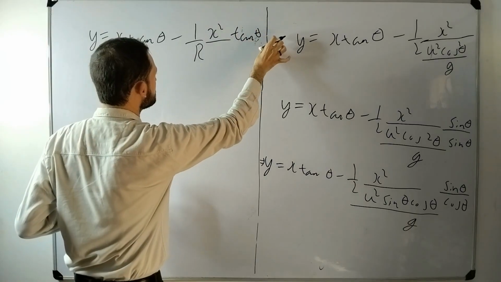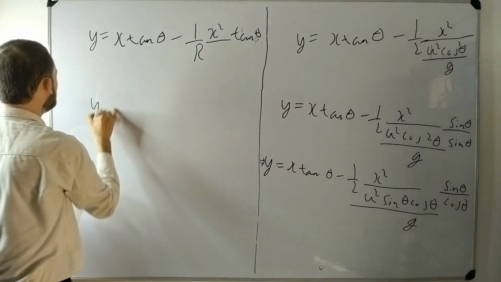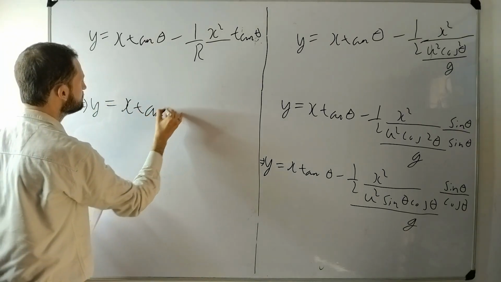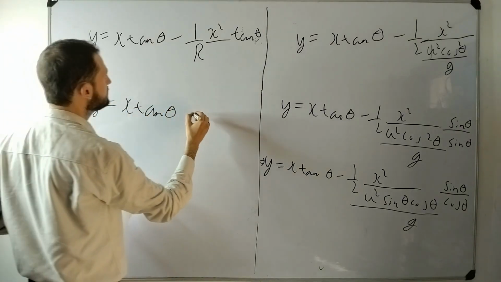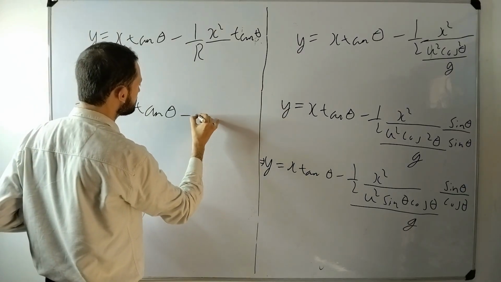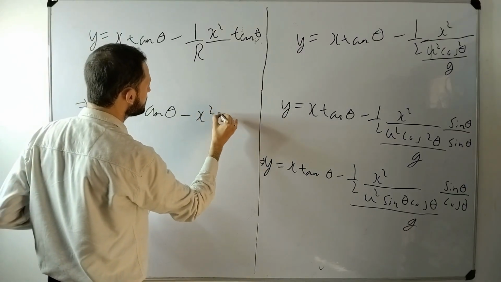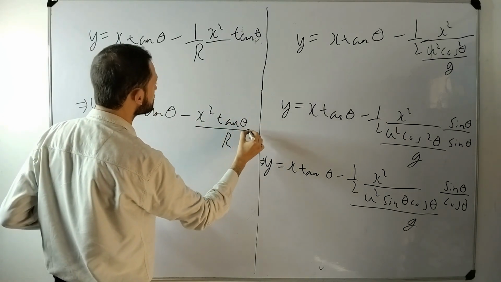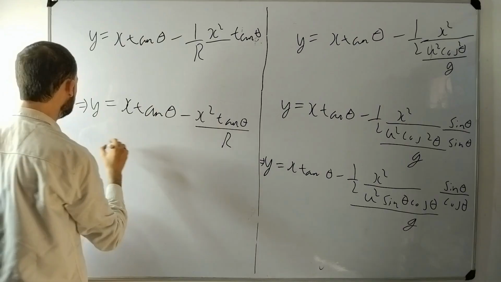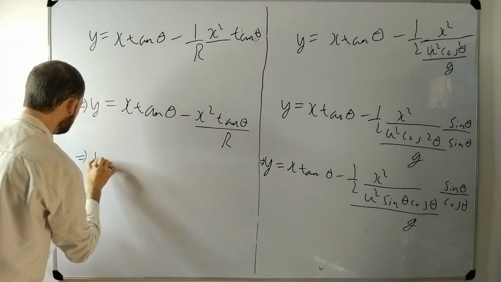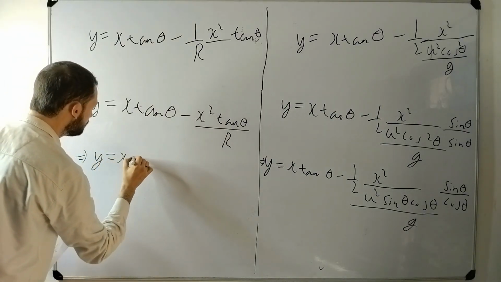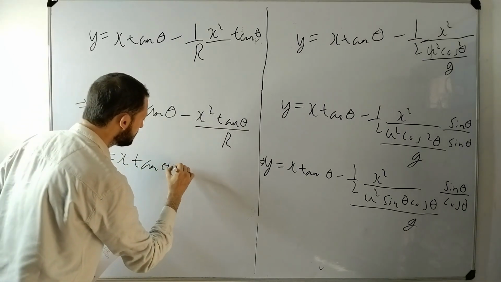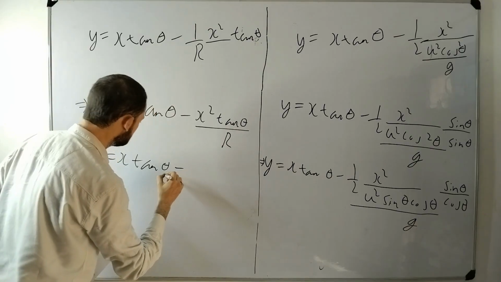So what does the equation become now? y is equal to x tan theta minus x square tan theta upon R, right student? This is the final equation of y.